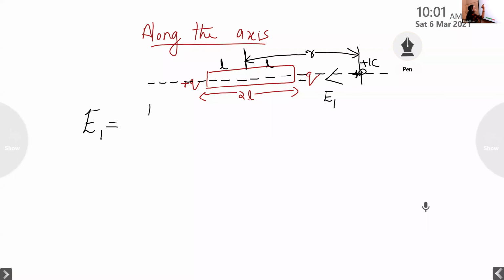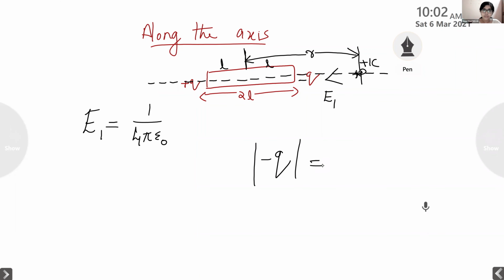E1 is equal to 1 by 4 pi epsilon 0. What are the charges here? Q and plus 1. It is minus Q, but according to Coulomb's law, we take the product of the magnitude of the charges. Magnitude of the charge means modulus of minus Q. What is the modulus of a negative quantity?